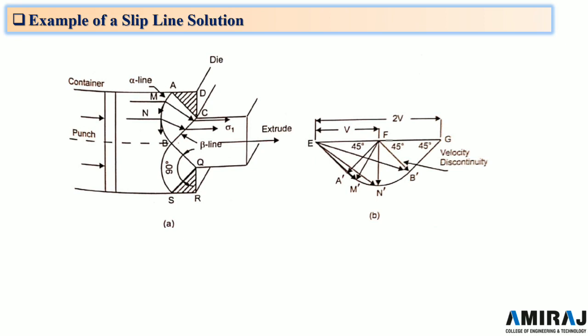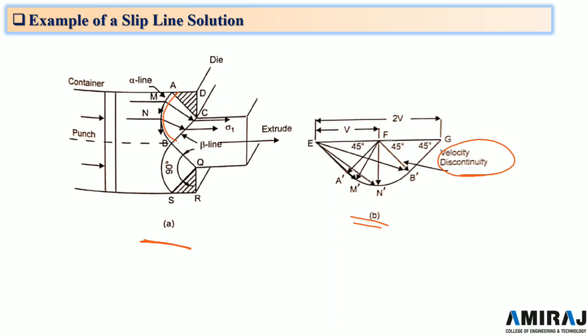The solution illustrated in figure A was given by Hill, and figure B shows the velocity diagram or hodograph. The slip line field consists of two circular quadrants with circular and radial lines as the slip lines.